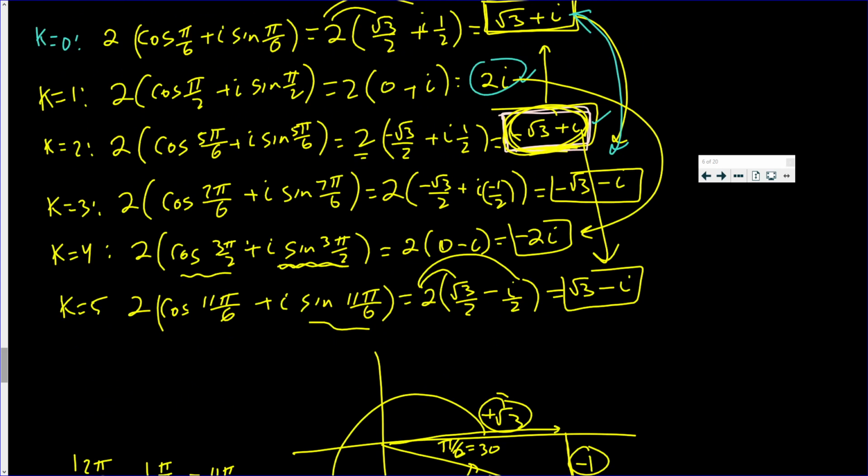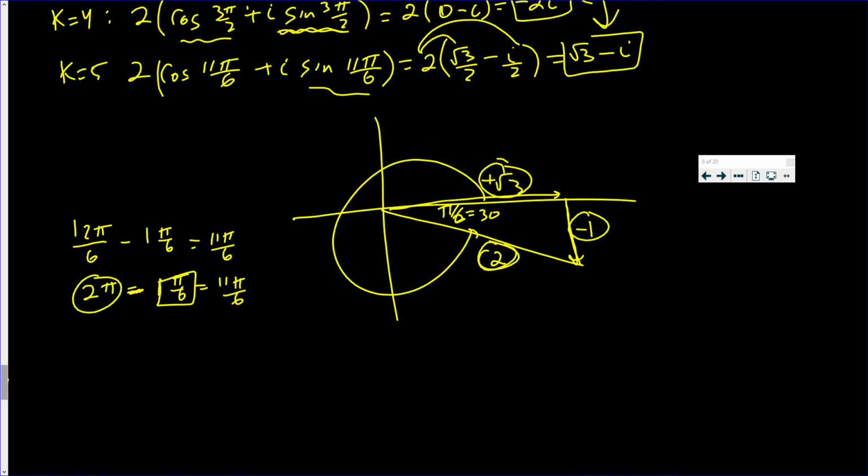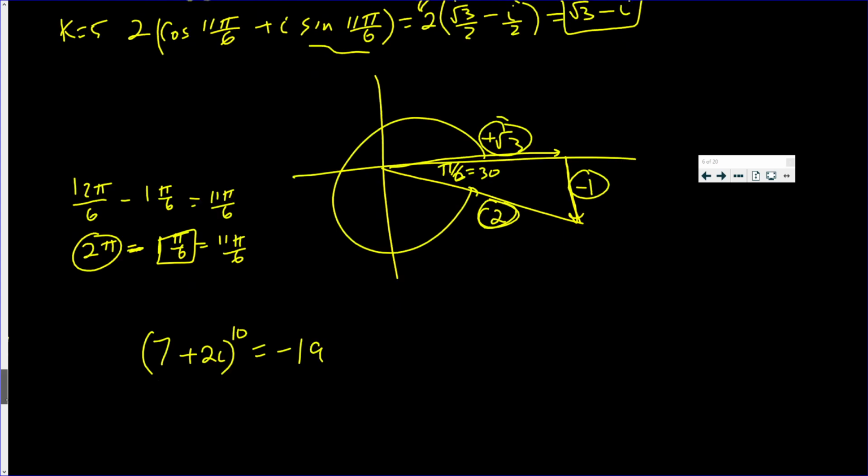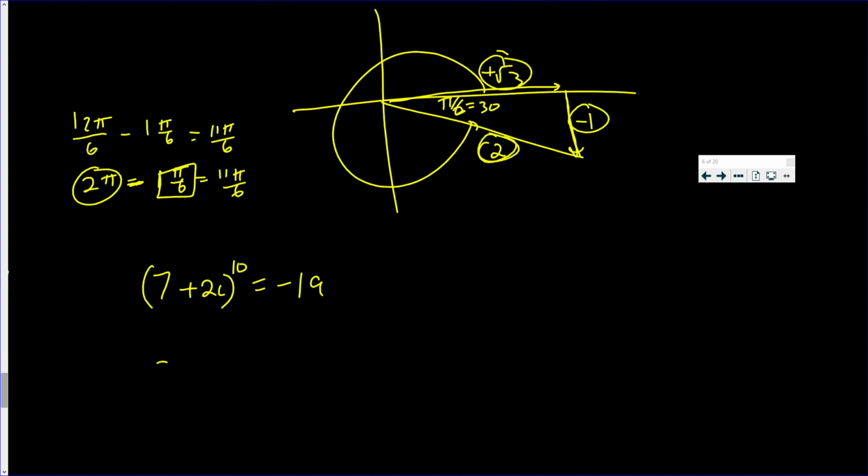an even root. Okay? If I tell you, and no promises, that 7 plus 2i to the 10th power is negative 19, well then yeah, negative 7 minus 2i to the 10th, what's in here is negative 1 times 7 plus 2i raised to the 10th.